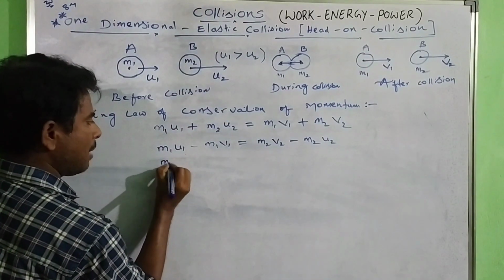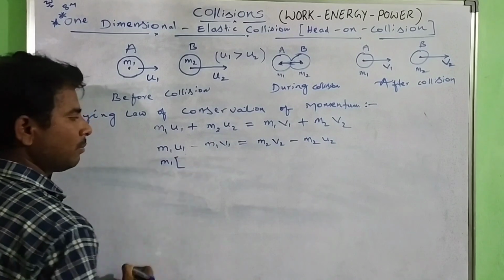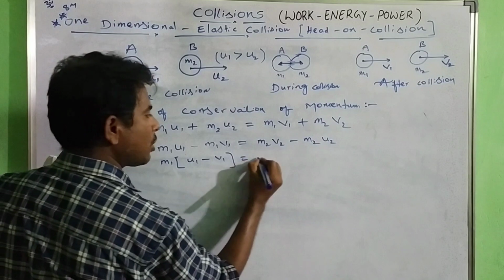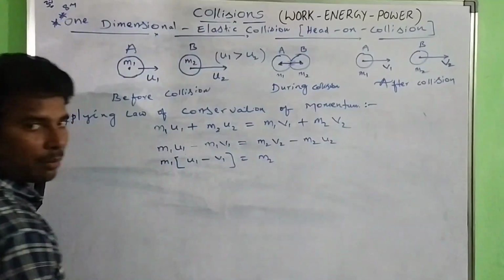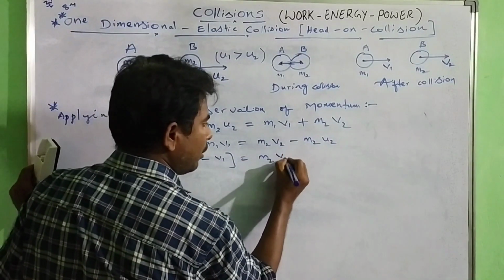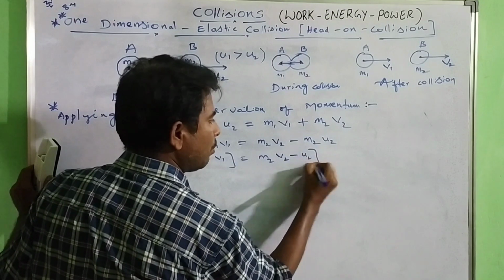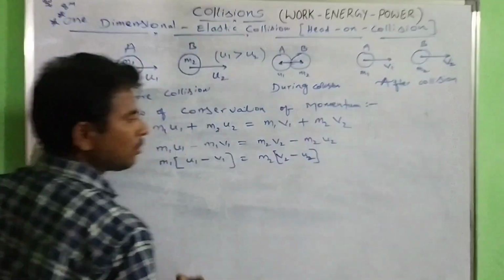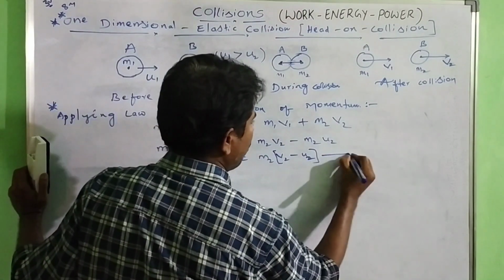Taking the common terms, m1 into u1 minus v1 equals m2 into v2 minus u2. This is equation number 1.